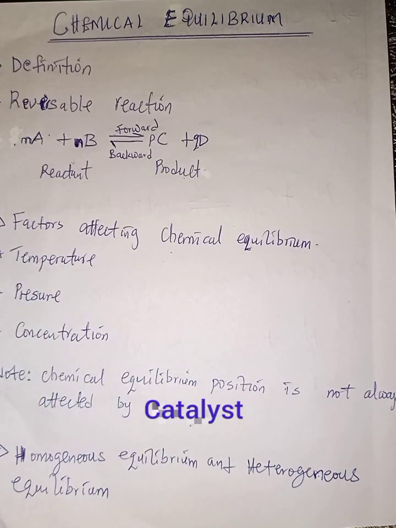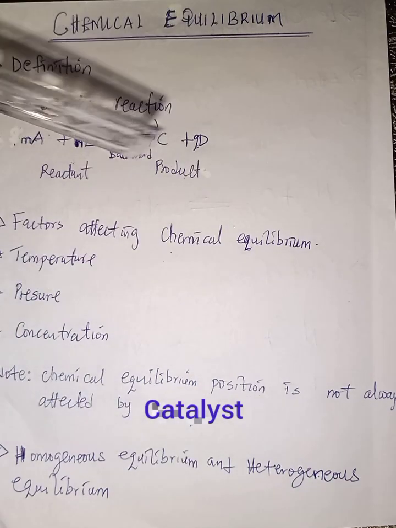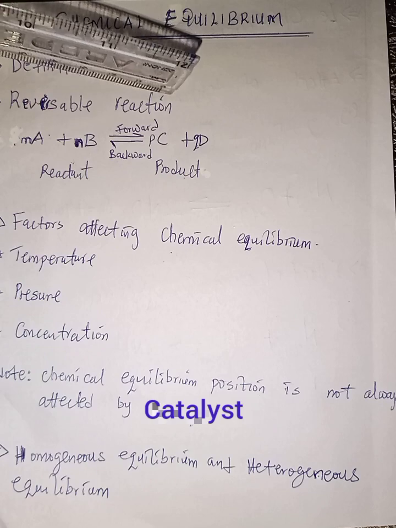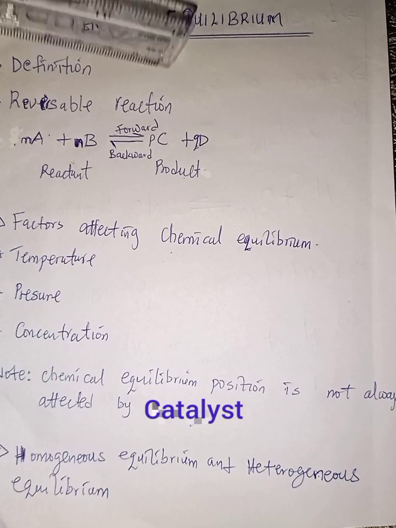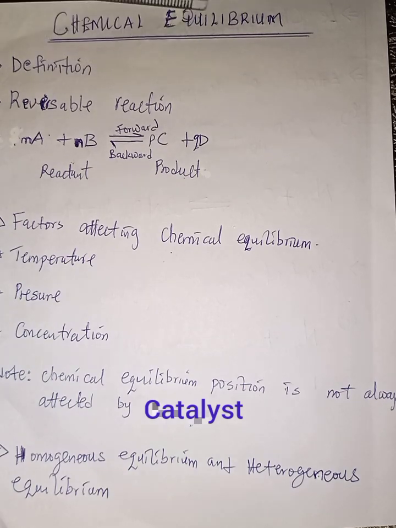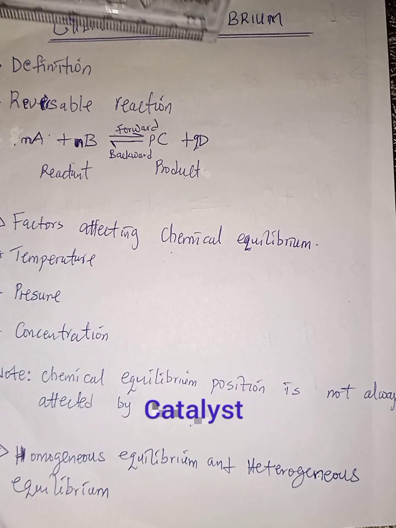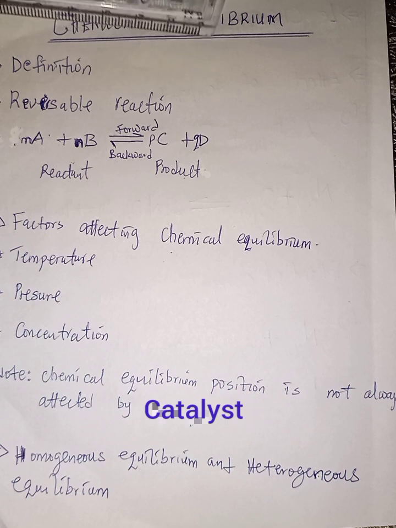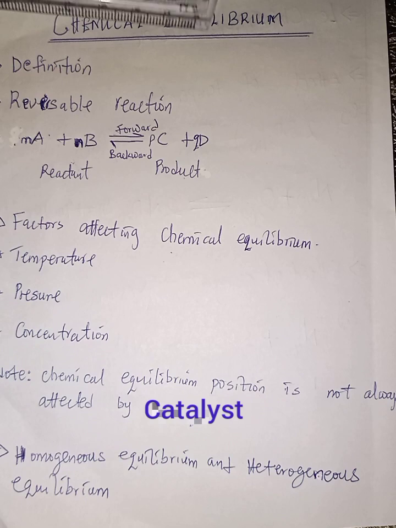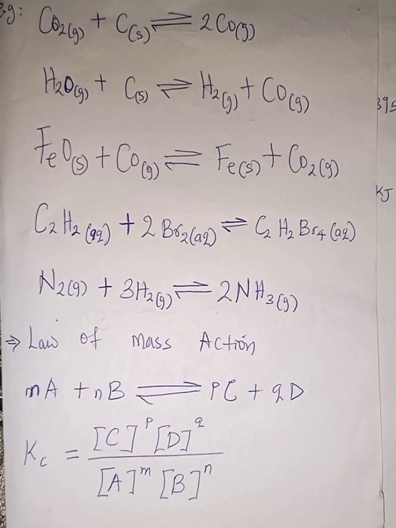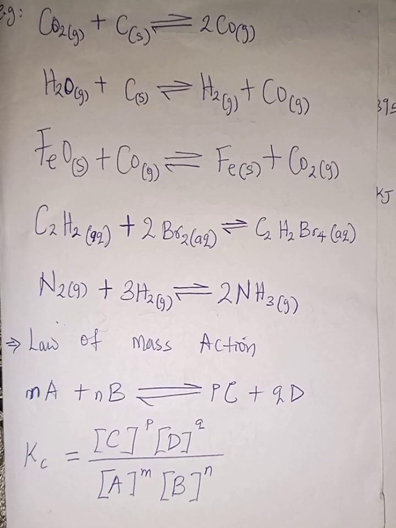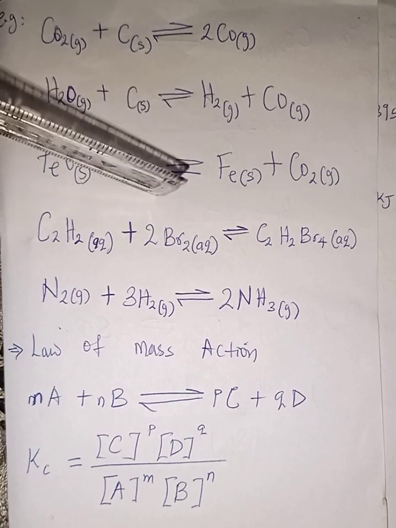Heterogeneous means one or more of the reacting species is present in a different phase or state, so the reacting species are not in the same state of matter. Examples are as follows. We have this first reaction, second, third, fourth, fifth.